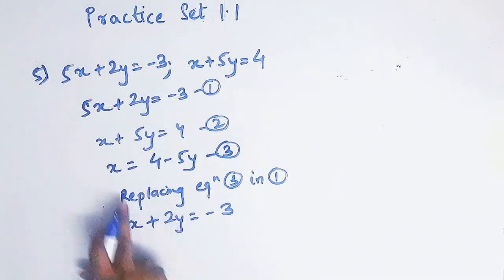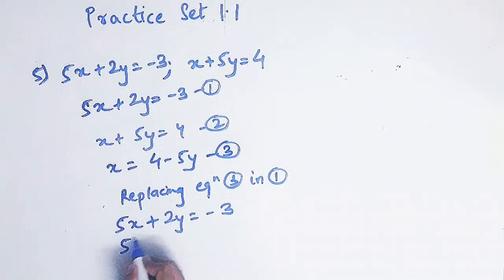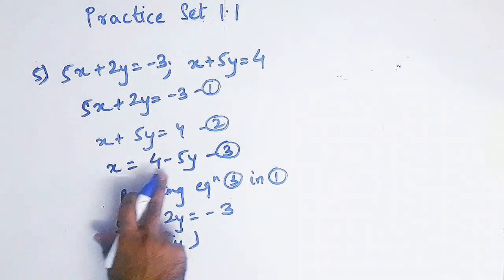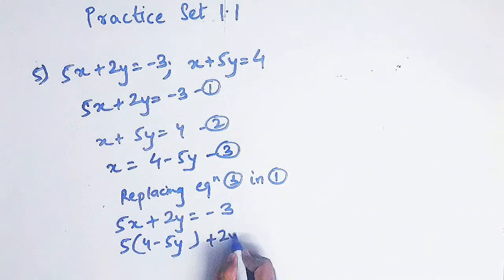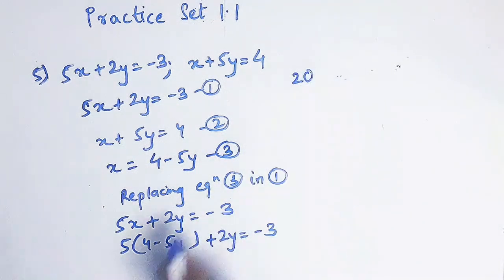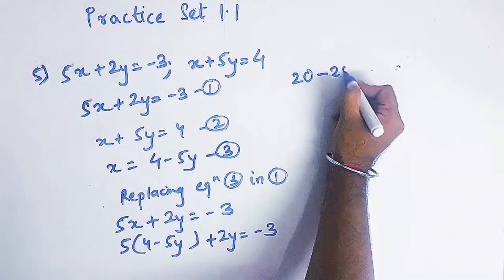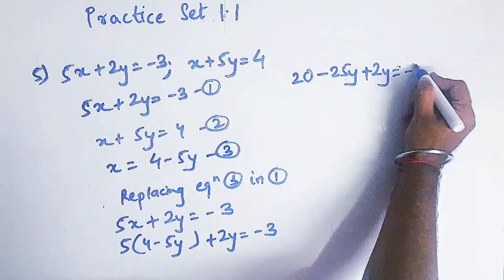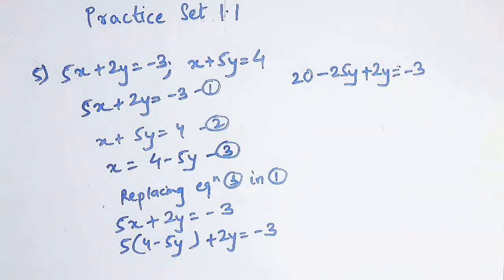So if I write 1 again, 5x plus 2y equals minus 3. Okay, I have the value of x. Instead of x, I can write 4 minus 5y. So I can write x in terms of y, and I'll get a simple linear equation. So I got here 5 4s is 20 minus 5 5s is 25y plus 2y equals minus 3.